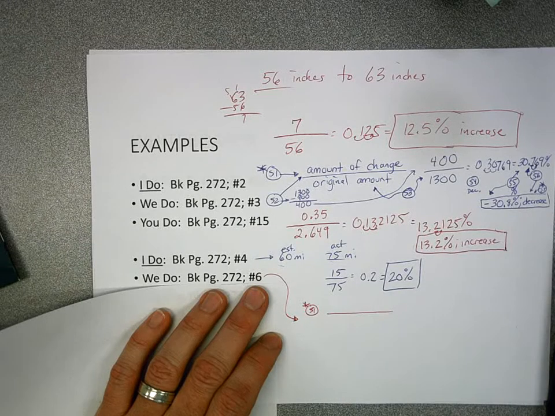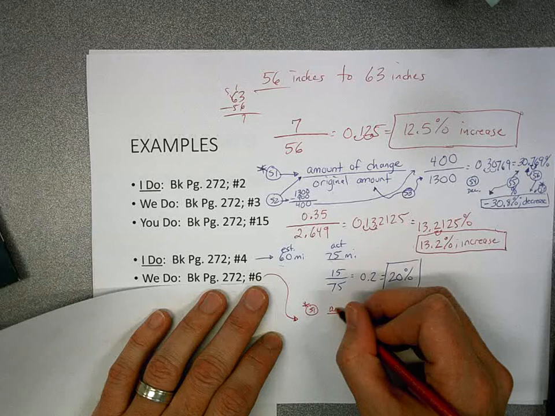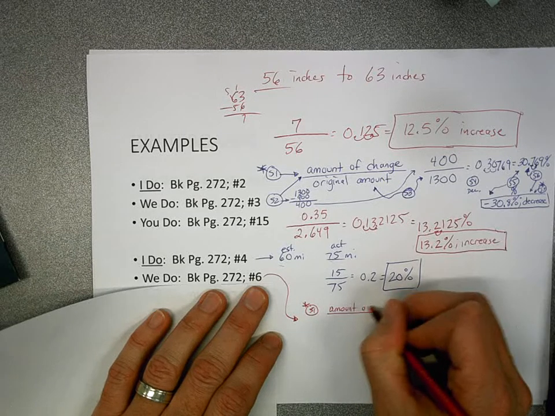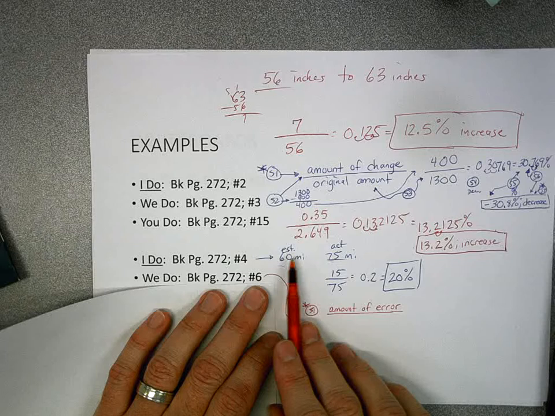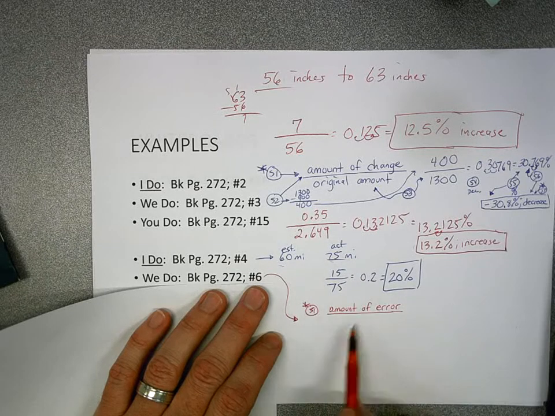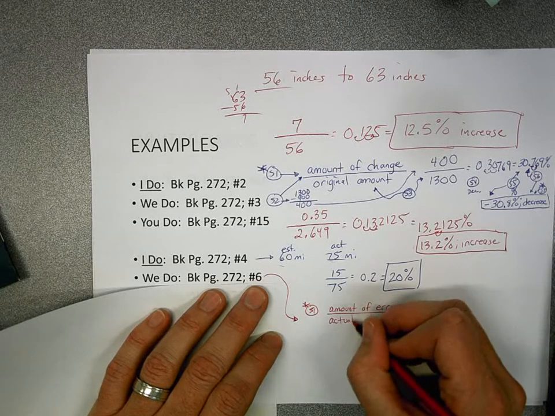So remember, the top number is the amount of the error. So like on the last one I just did, right? 60, that was off by 15, so that's why 15 went on top. On the bottom is the actual amount, the true amount, not the estimate.